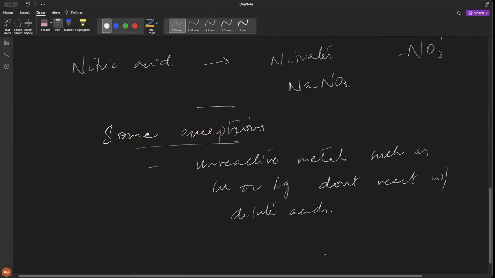Generally, the ones that are below hydrogen in the reactivity series. We're going to see the reactivity series in a short while. I'll just write it for you.